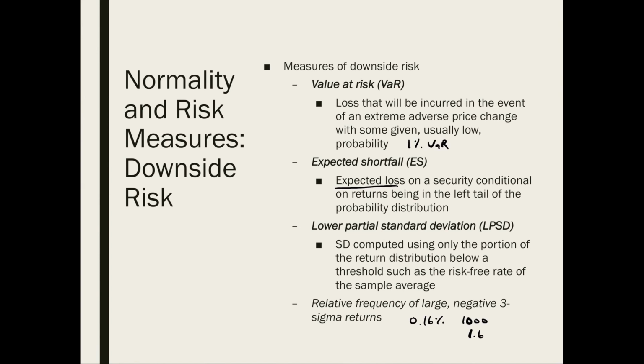Now these are rare, but they would have a very large impact on investment performance. So these are just focusing on the large losses that are possible and looking at this downside risk and trying to measure it in some format.